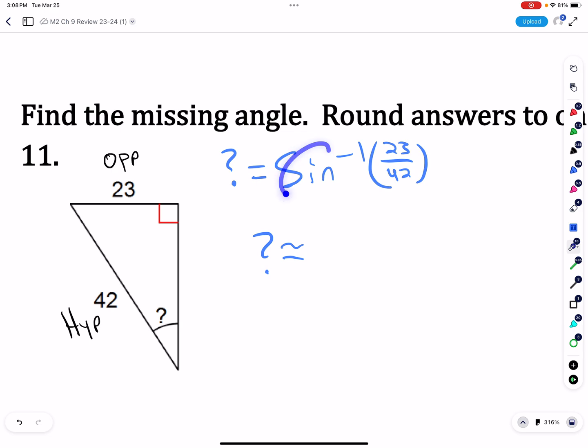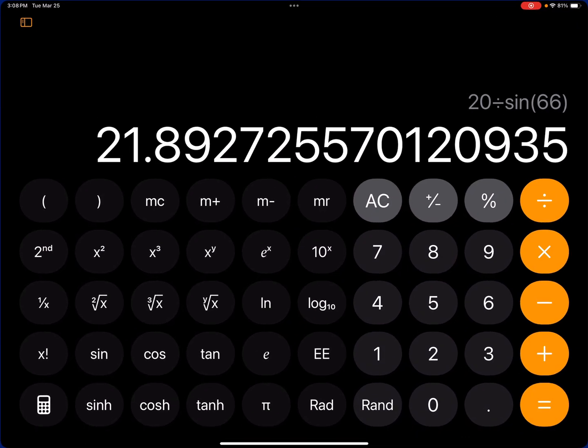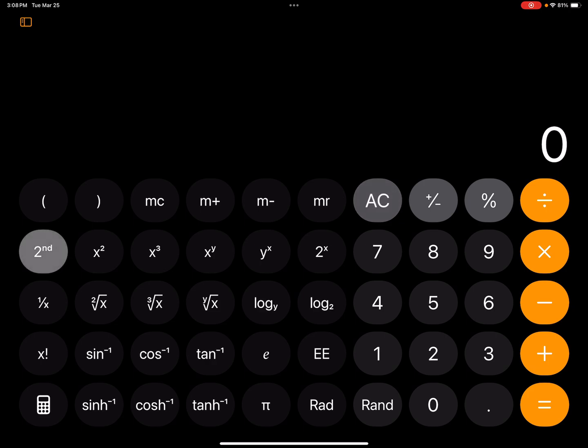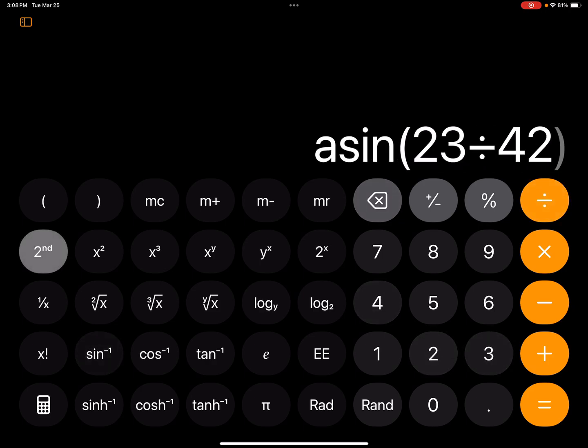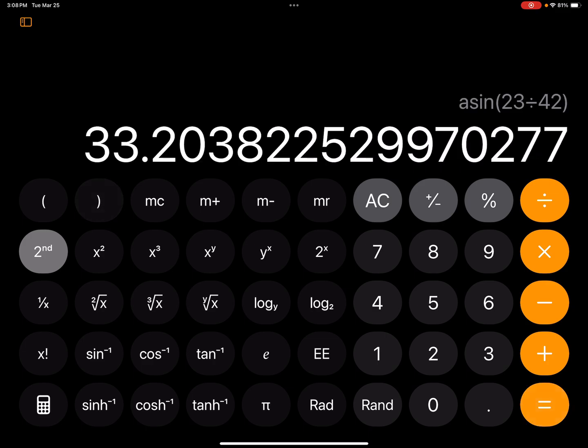Once you know which trig function you're going to use and you know, okay, I've got to do the inverse, set up your fraction, then it's calculator work. So sine⁻¹ of 23 over 42. And that's going to tell us the degree of that angle, which is 33.2.